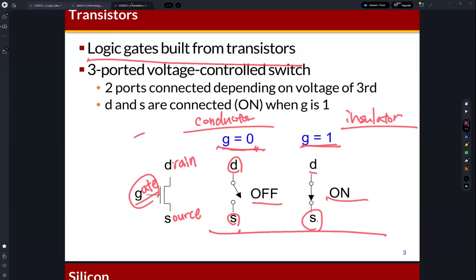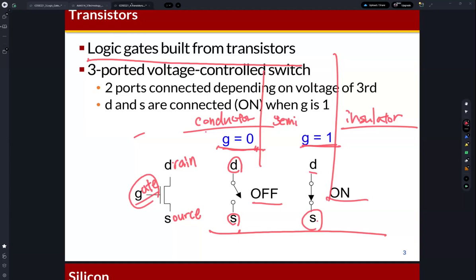Conductor is 도체, insulator is 부도체, and semiconductor is 반도체. It is between the conductor and insulator.